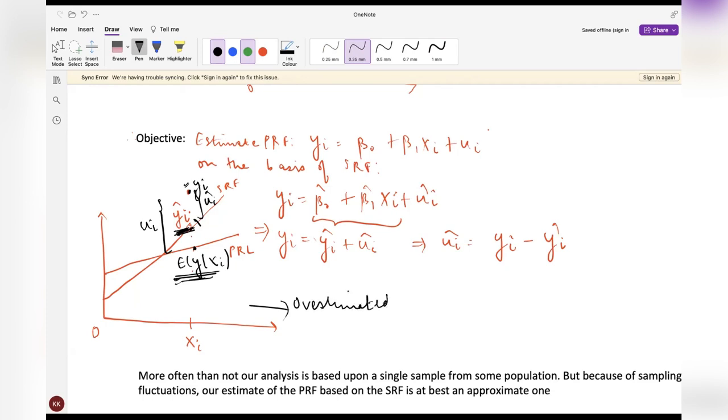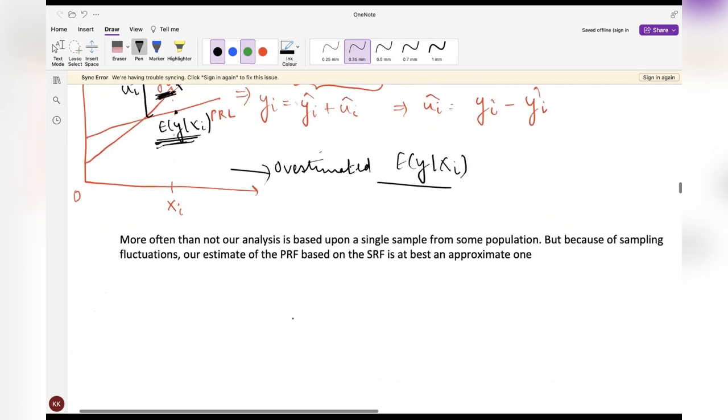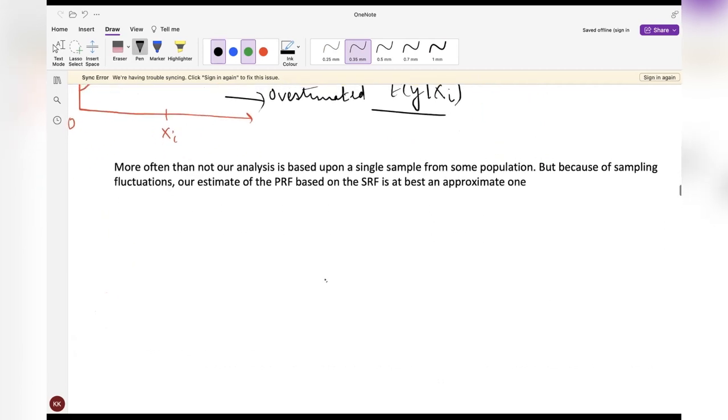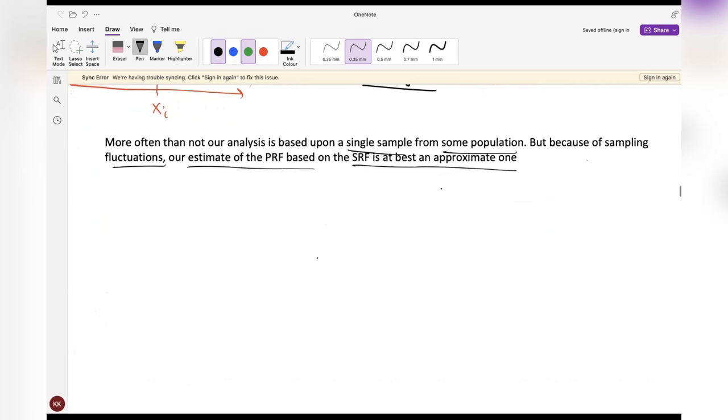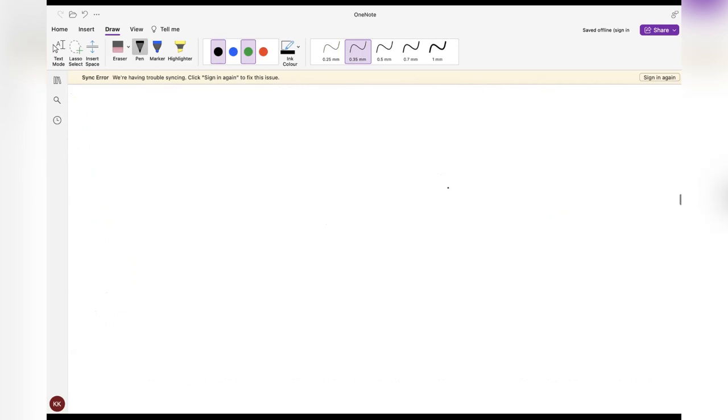So yi hat has overestimated the expected value of y given xi. So I hope this is clear. And at last, more often than not, our analysis is based upon a single sample from some population. But because of sampling fluctuations, our estimate of PRF based on SRF is at best an approximate one. We have already discussed that.